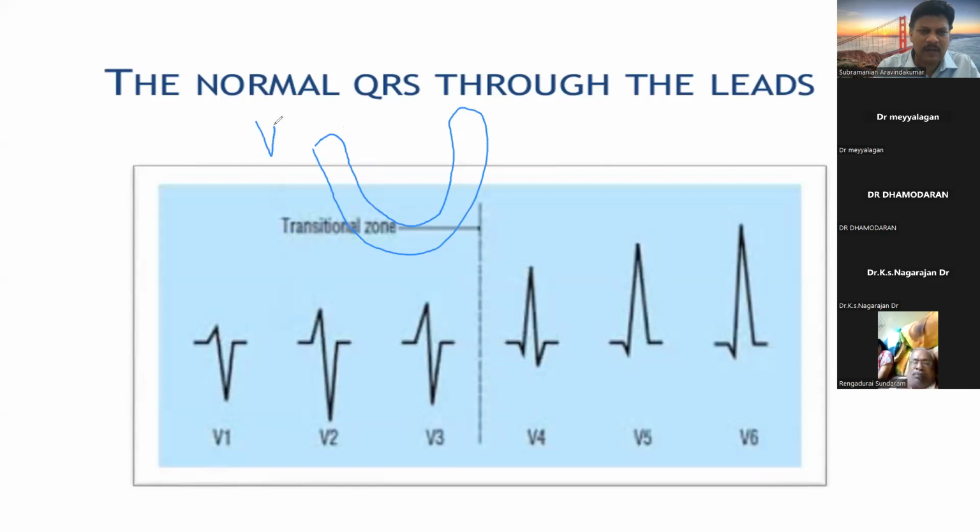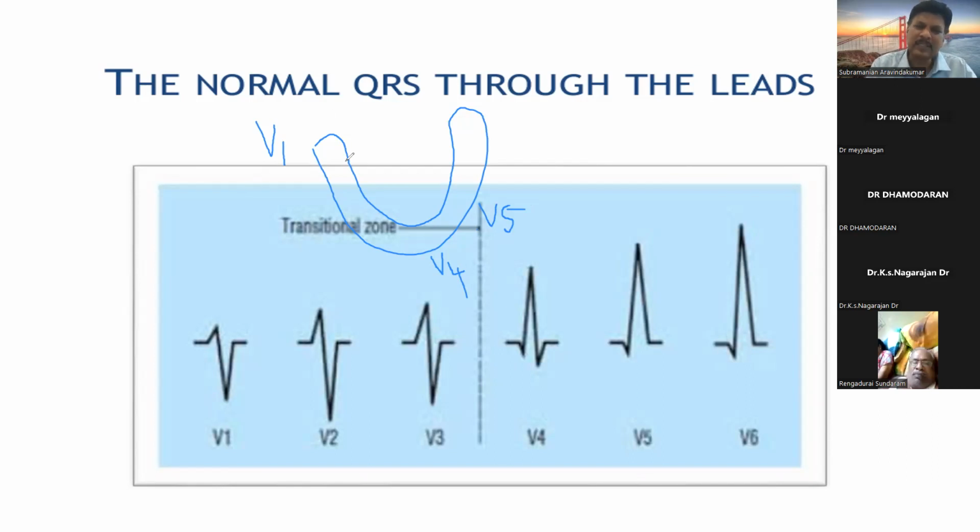This is V1. This is the apex. This is V4. V5. This is how it will be in the left ventricle. Whenever there is electrical activity towards the electrode, it is positive. Away from the electrode is negative.